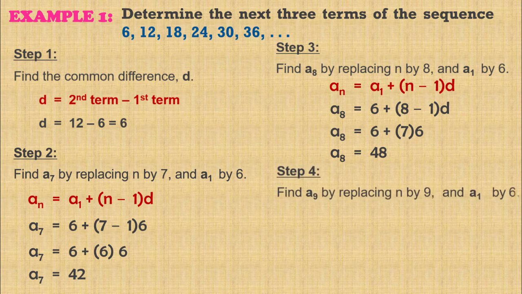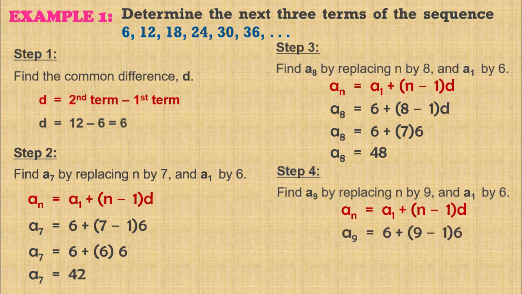Now to find the ninth term, or a sub 9, using again the formula for arithmetic sequence, substitute 9 into n and 6 into a sub 1, we'll have a sub 9 equals 6 plus the quantity n minus 1 times 6.